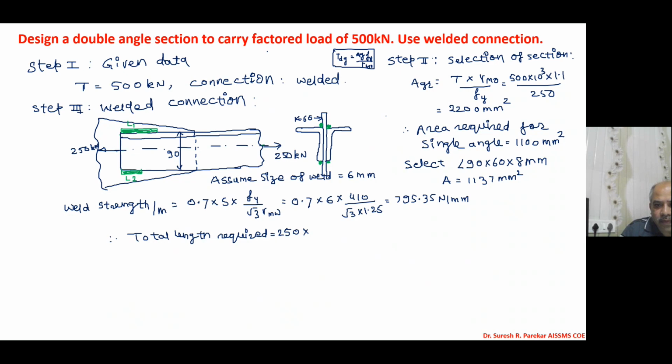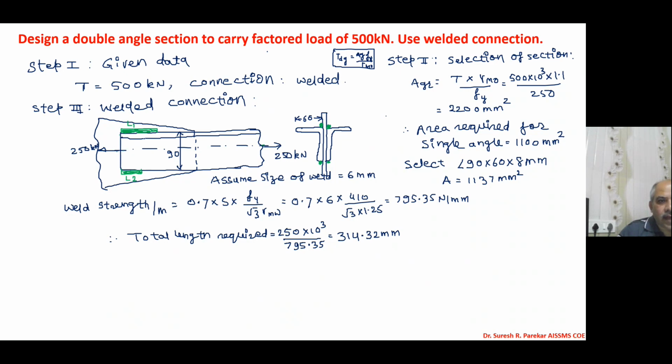So I will say 250 into 10 raised to 3 divided by 795.35. We have two angles and weld length we are going to provide for two angles. So we will make it as 250 divided by 795.35, and we have this value, 314.32 millimeters.